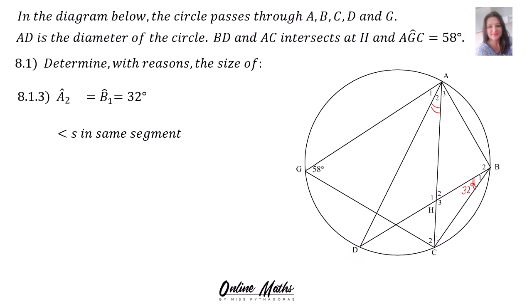Since we have a theorem that says when two angles on the circumference of the circle are subtended by the same arc or chord, then they are equal. And there you can see it's BC that subtends angle A2 on the circumference, but it also subtends B1 on the circumference. So therefore it's also 32 degrees.